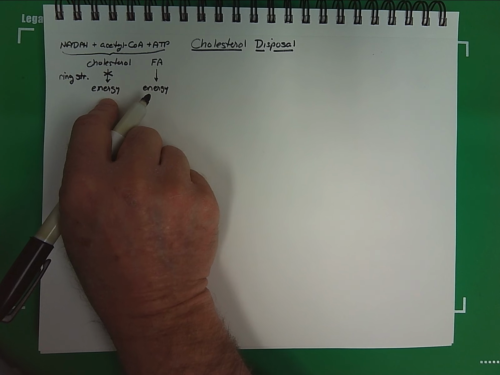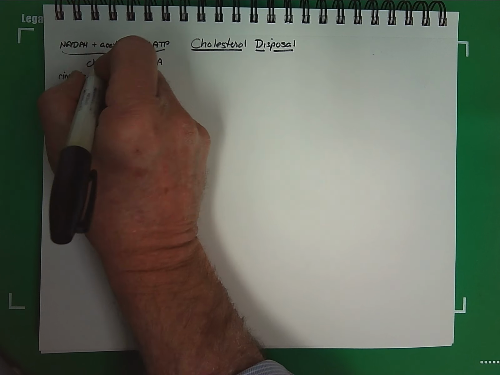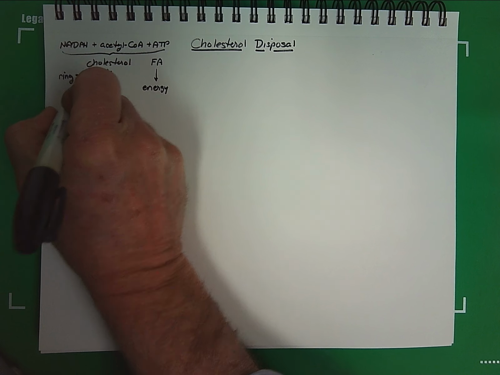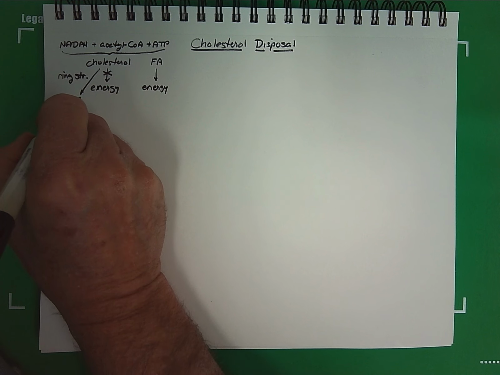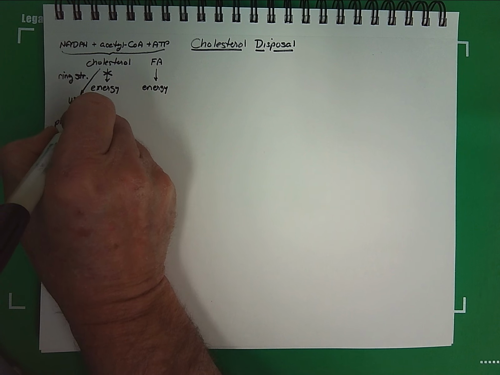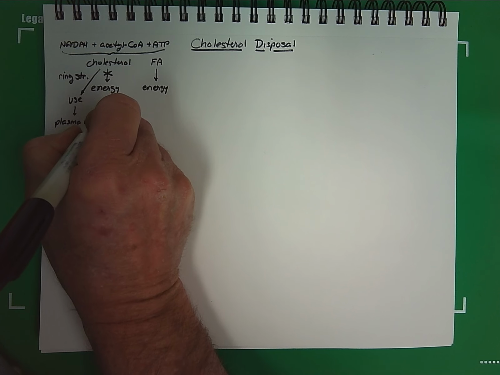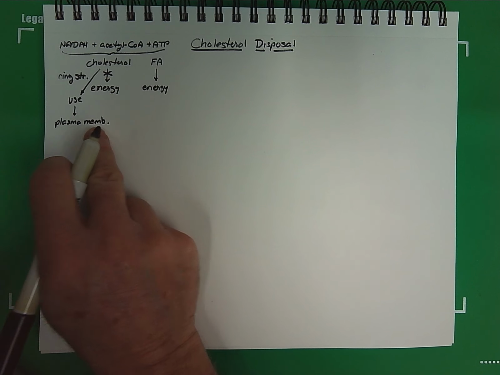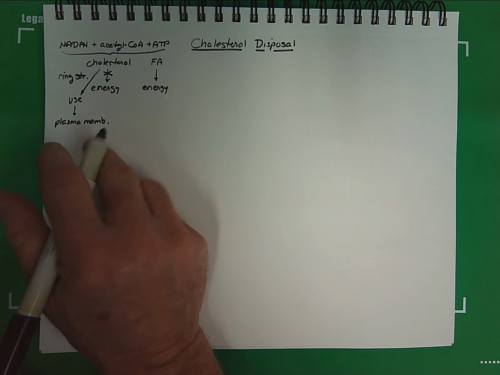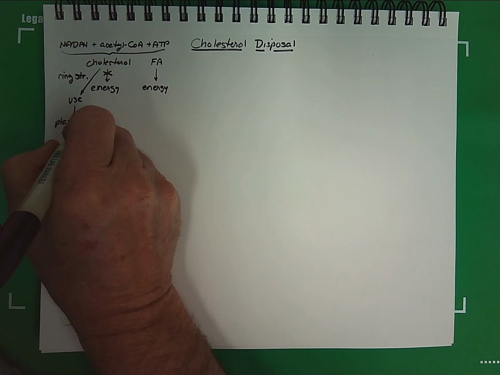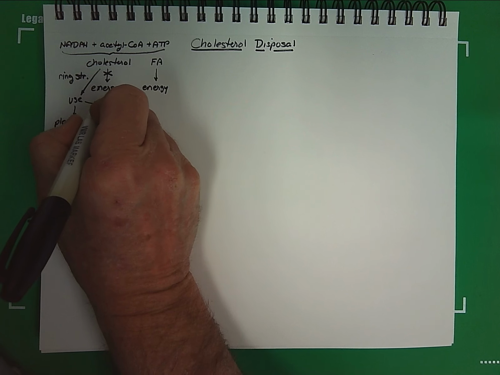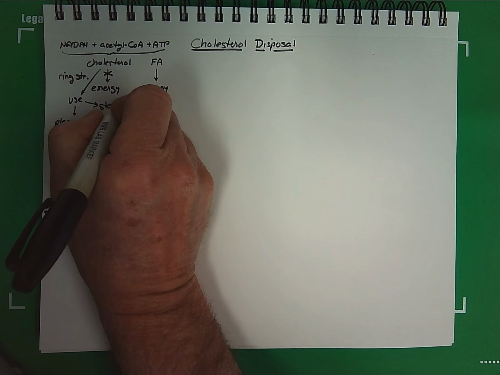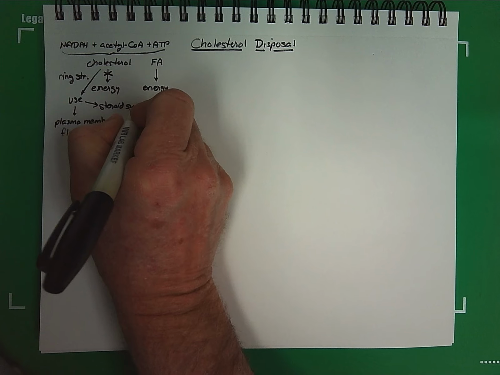Now, once we have cholesterol, there's only two options for us. One is that we use the cholesterol. Recall we use it in plasma membranes to control the fluidity of membranes, and importantly, we use it in steroid synthesis.